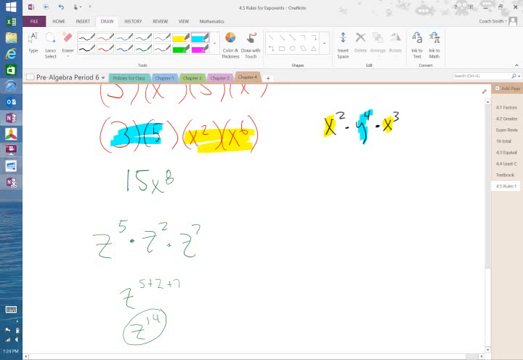Now, we can use the commutative property, okay? We can use the commutative property and rearrange the terms. I can put these two terms together, x to the 5th times y to the 4th.